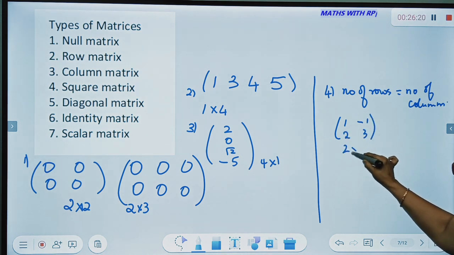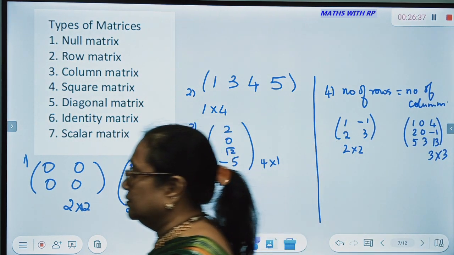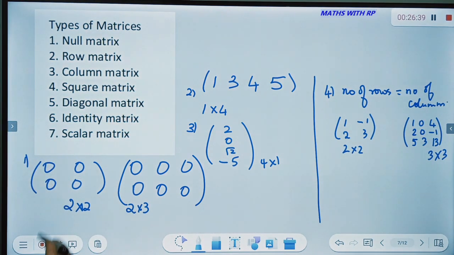So 2 by 2. Then 3 by 3. So this is 3 by 3. These are all examples of square matrices. Square matrix means the number of rows is equal to the number of columns.